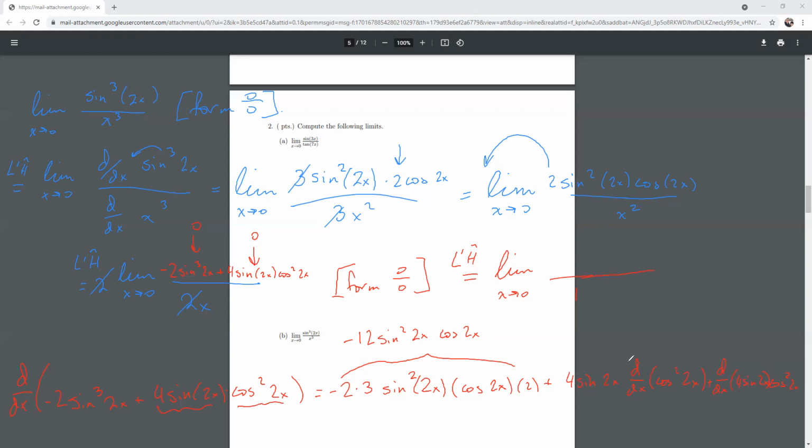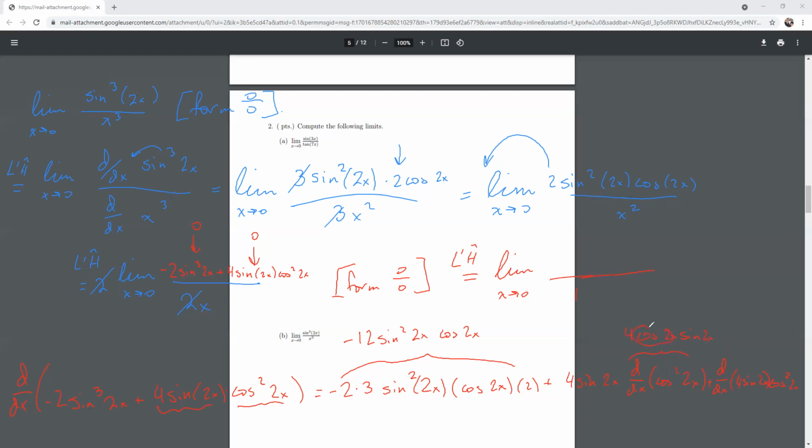All right, so this is 2. There's going to be another 2 from that chain rule, so I'm kind of skipping ahead. So it's going to be 4 cosine of 2x times sine of 2x. So what I'm doing is bringing down the 2, bringing the 2 up front, and then I'm taking the derivative of the outside, which is the power function.